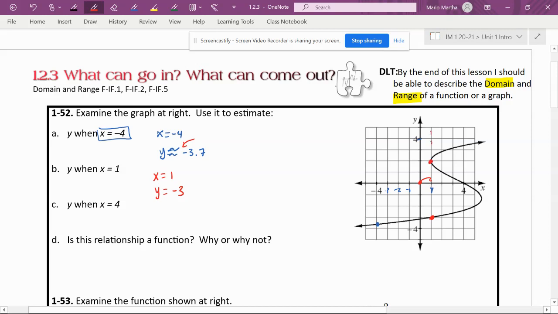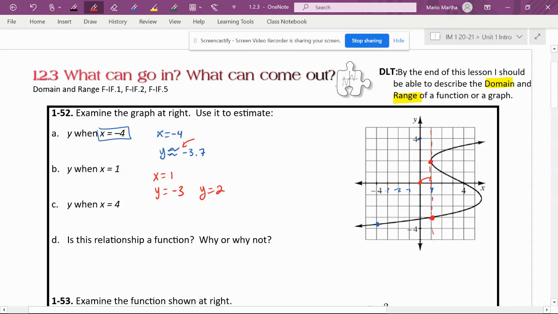An easy way to do this is to draw a vertical line at 1, and if you notice, it hits 2 times. So when x equals 1, it not only equals -3, it also equals +2. So y equals +2.